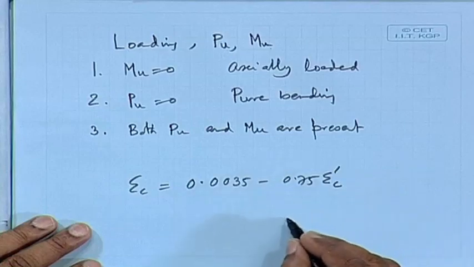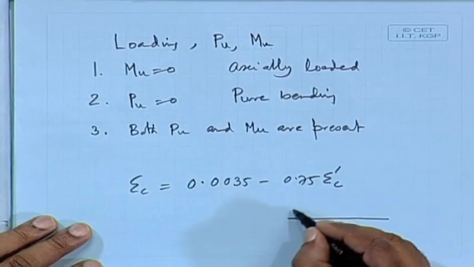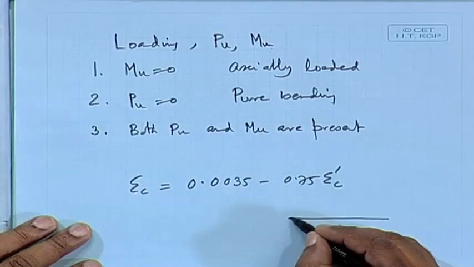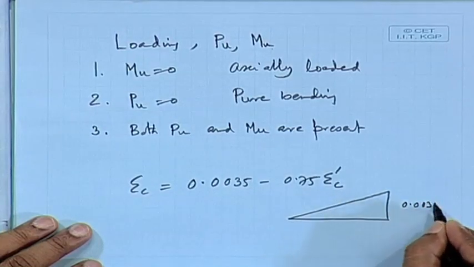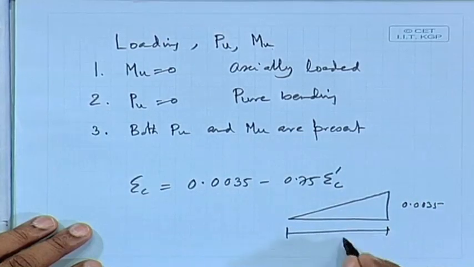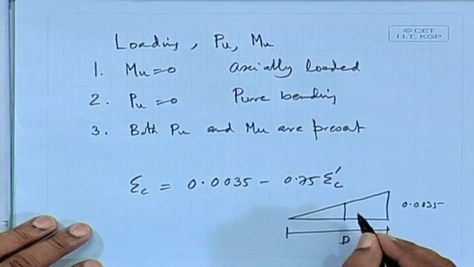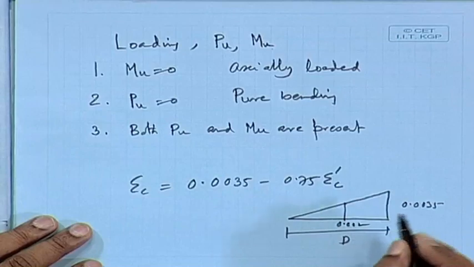I mean to say, if this is the section, then this is 0.0035, this is D, and somewhere here we have the pivot, that is 0.002.